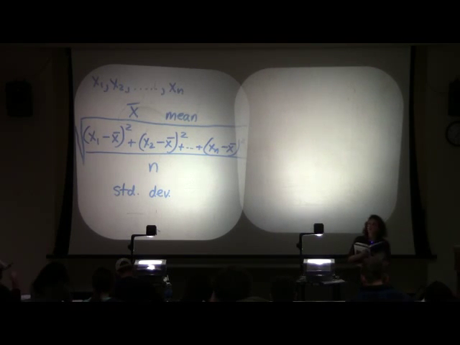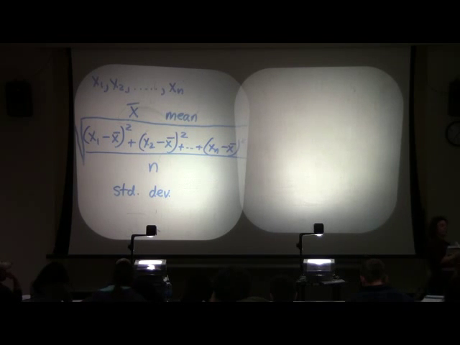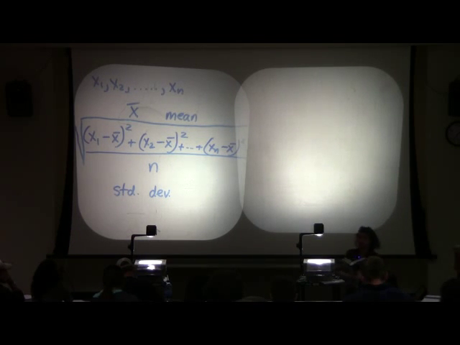Okay? Now, what I'm going to do when I do example 15 is we're going to compute the means and the standard deviations, but then we're going to talk about what the standard deviations mean. All right? I don't mean to be redundant with my words here.